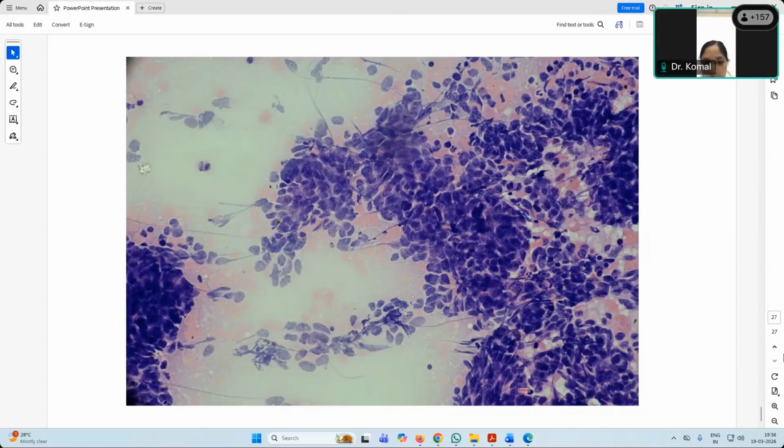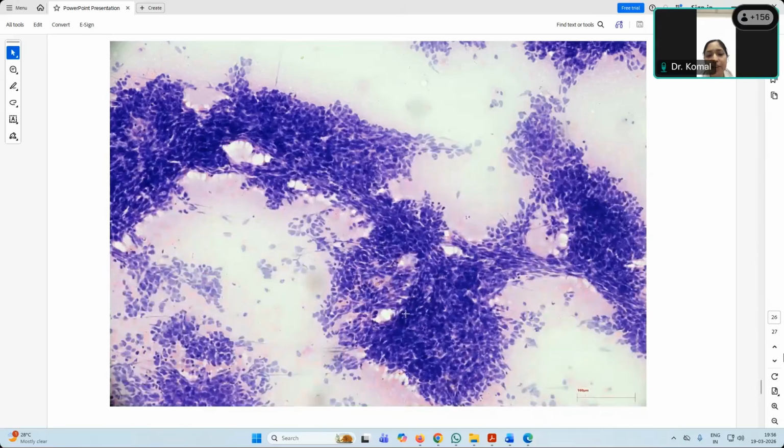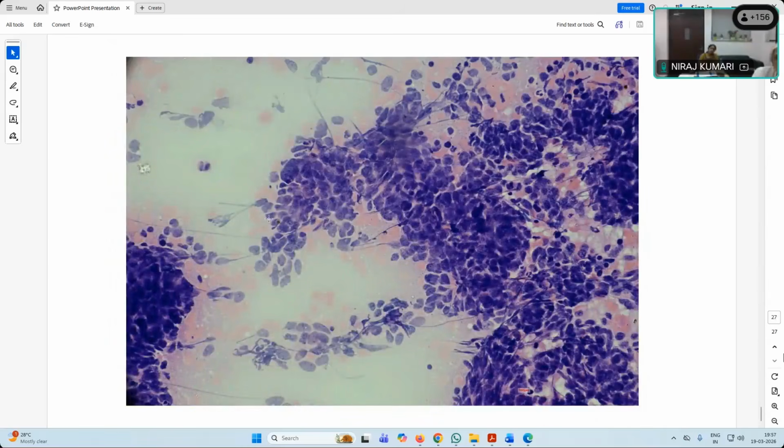Ma'am, there is a loose sheet-like arrangement of cells, and they have very little cytoplasm, so appearing very bluish. Yes. So you don't see much cytoplasm. It's very scant. You can't see any cytoplasm around these cells.